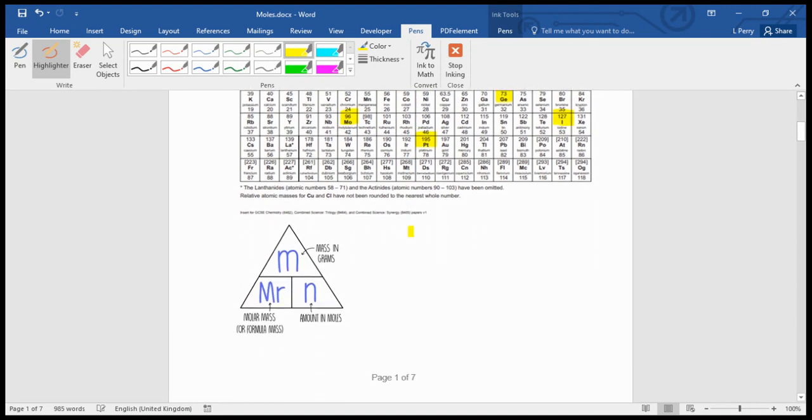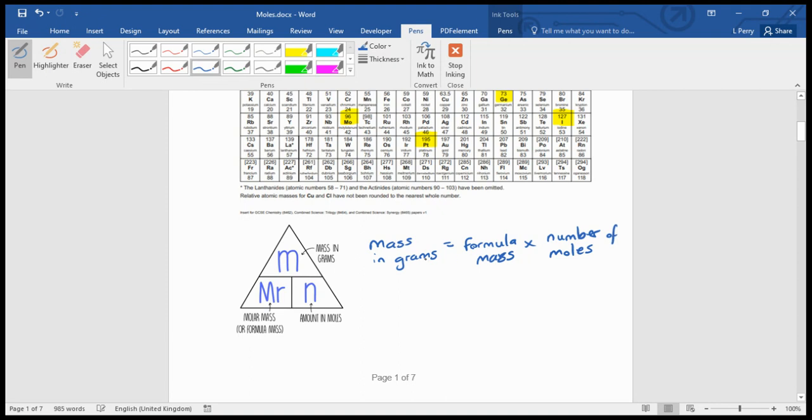Now, what that does is that leads us to an equation. Now, that's the equation as a triangle. You've been shown it by your science teacher. Just writing it not as a triangle, so mass in grams is formula mass times by the number of moles.